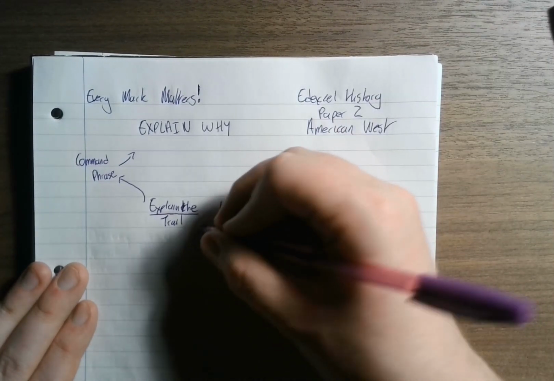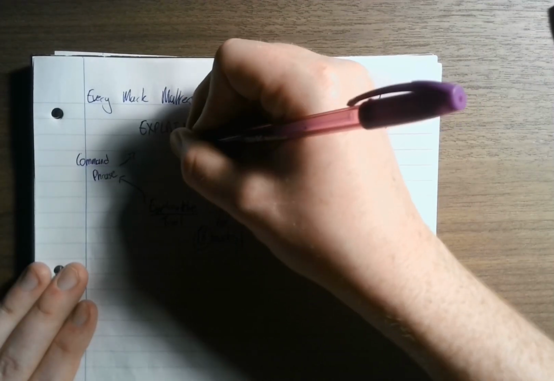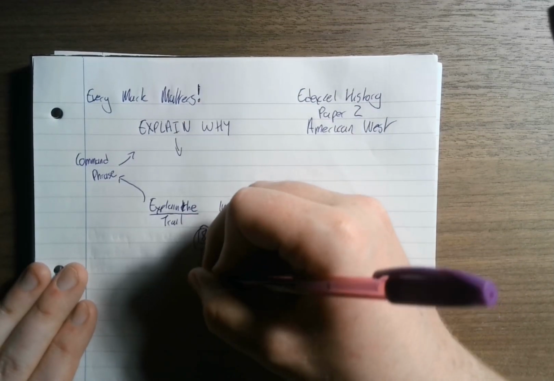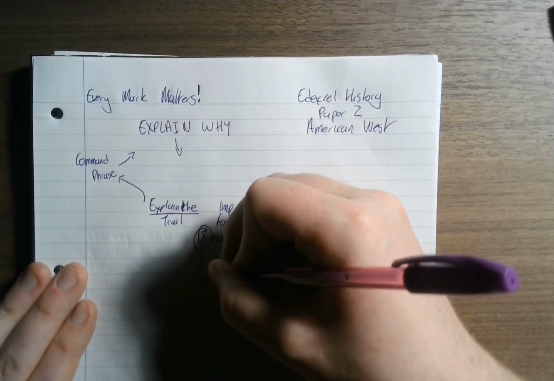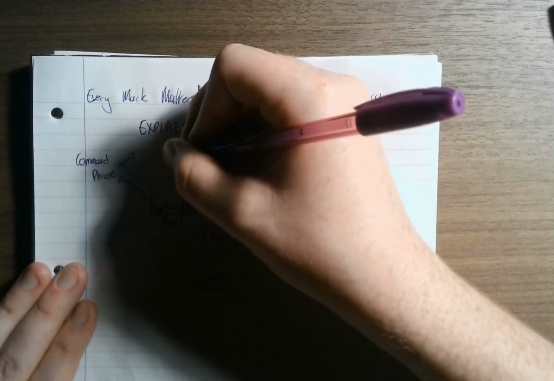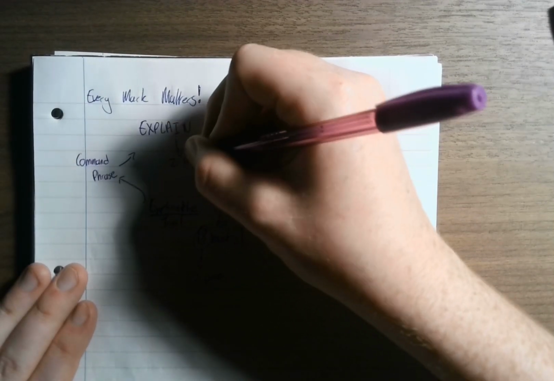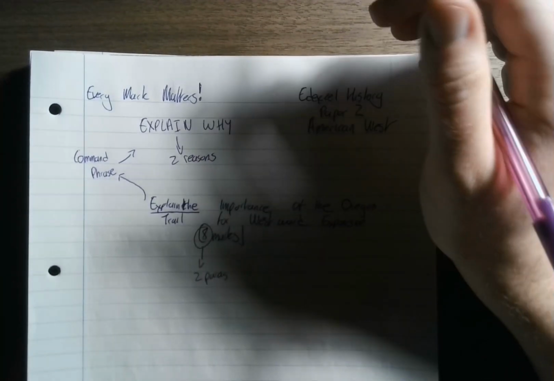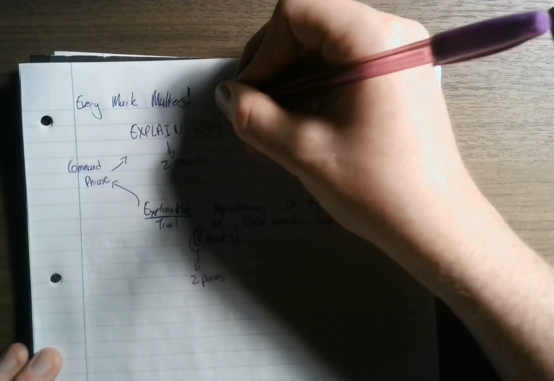But obviously this is an 8-mark question, so you're only going to do 2 paragraphs. You're only going to explain 2 reasons. But because it's an explain why, that means it has the same technique.